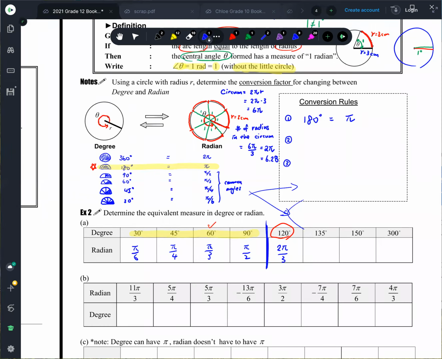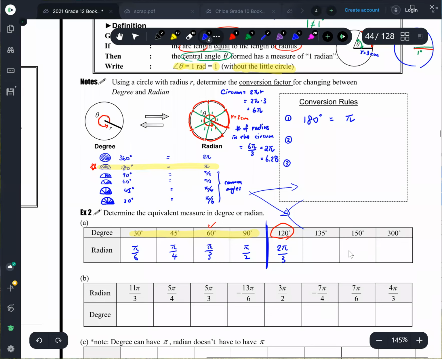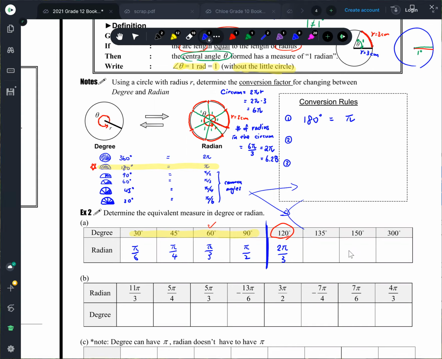Okay, so please find out the other 3 answers and raise your hand. Okay. Just find out the multiples. Okay, 135 is the multiple of which one? 150, which one? Okay, 300, which one? Okay, does anyone have questions?